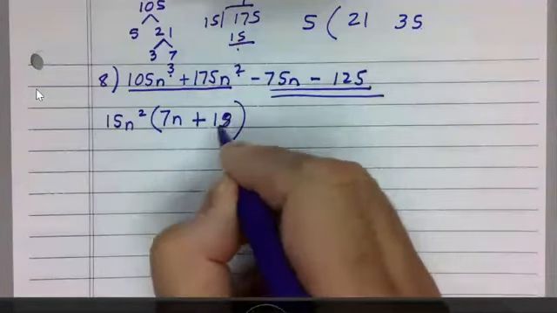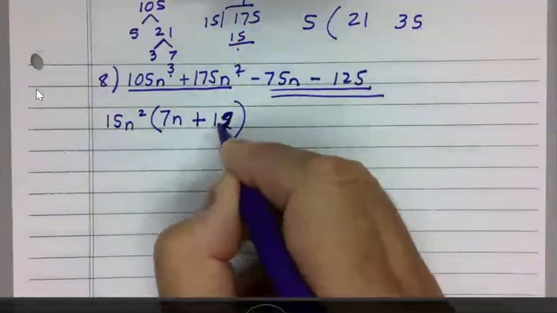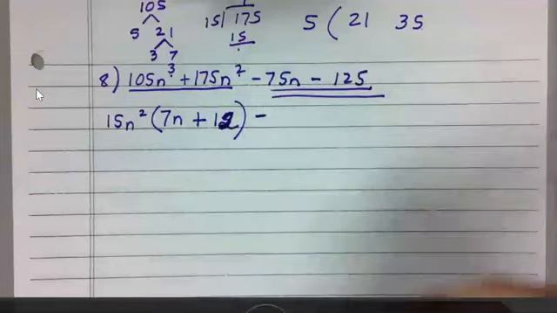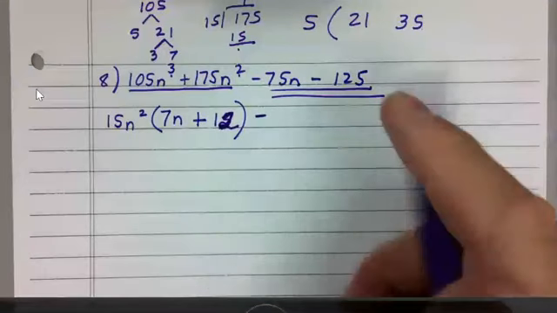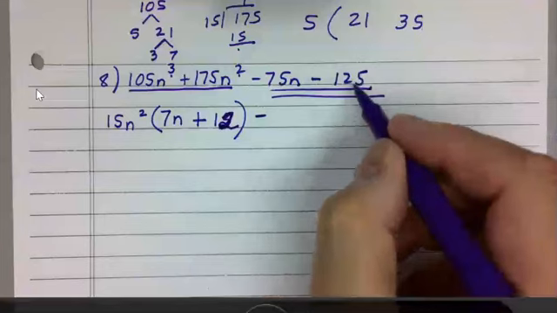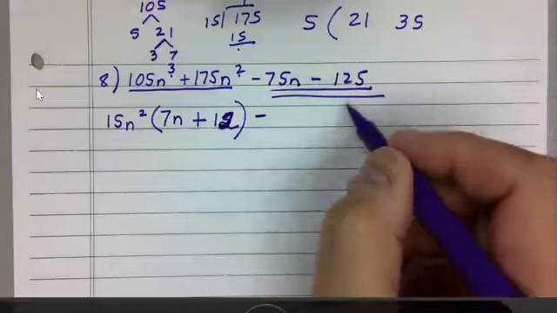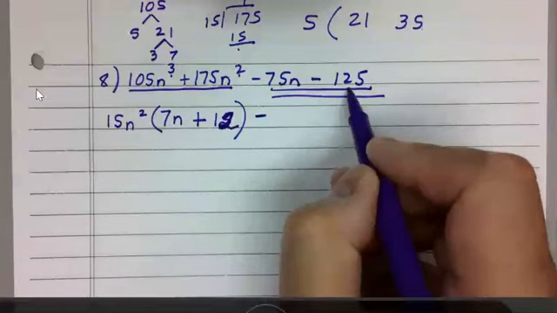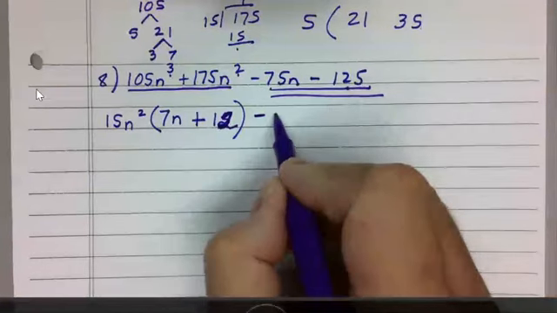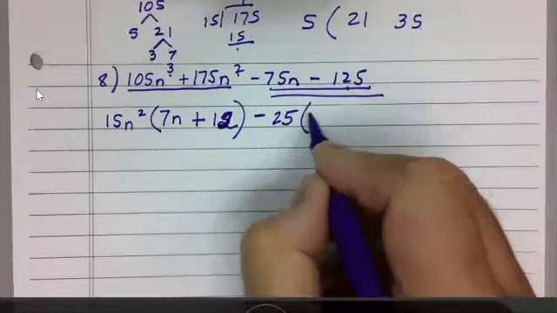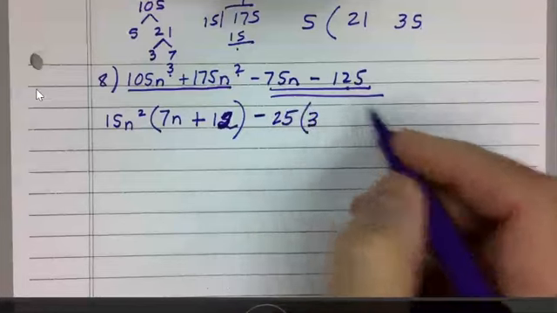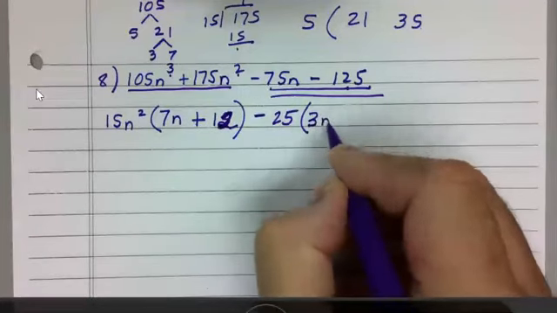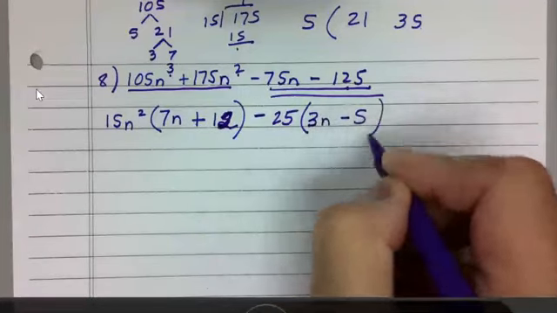Yeah, it should be 12. I knew it didn't look right. Now, the first term's negative, so we've got to factor out a negative, don't we? Correct? So I'm thinking 25 on this one. What do you think? I got 75 cents and I got $1.25. 25 probably goes into it, doesn't it? So that gives me, what? 3n minus 5.